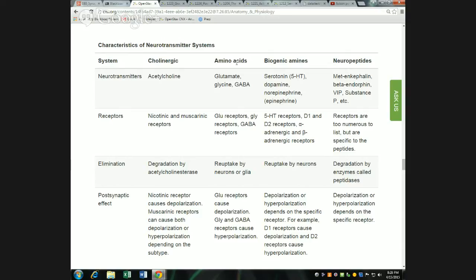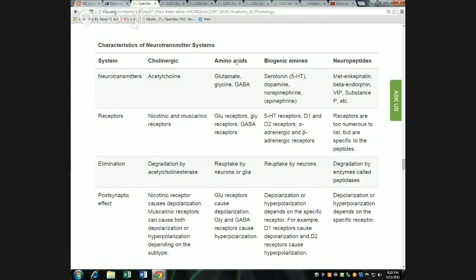So in the biogenic amines column there, serotonin is always inhibitory. Dopamine and norepinephrine / epinephrine can do either of those two things. So for acetylcholine, dopamine, norepinephrine, epinephrine, it depends on the receptor what actually happens.